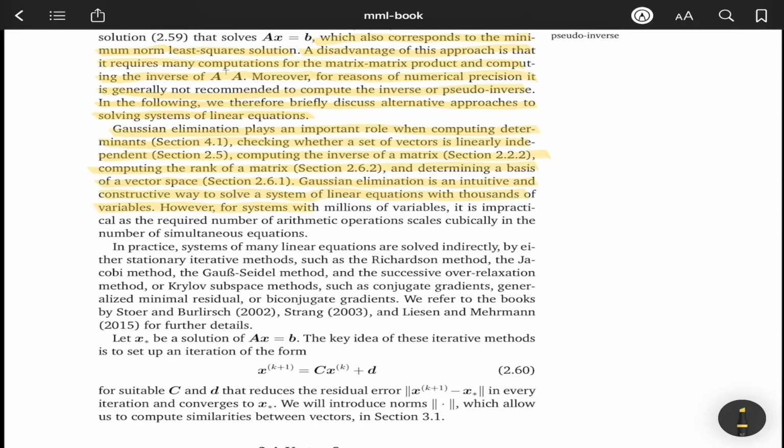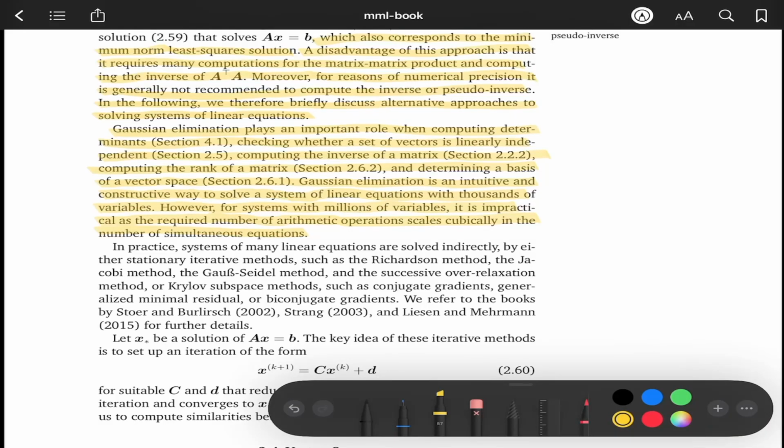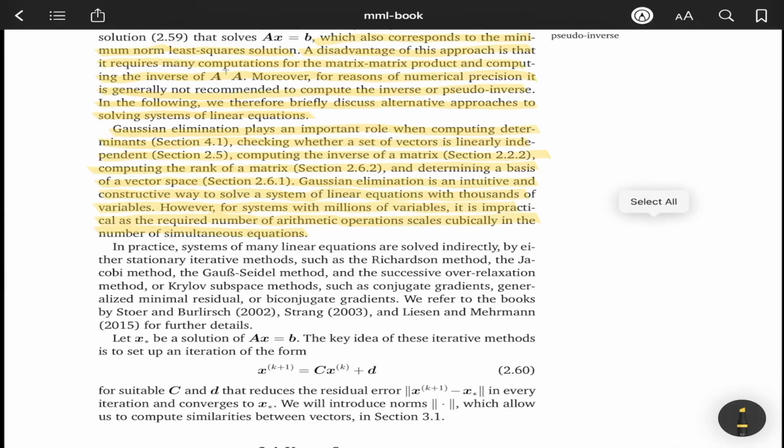However, for systems with millions of variables, it is impractical as the required number of arithmetic operations scales cubically with the number of simultaneous equations. Okay, so it's impractical once your matrix is too big, because the number of operations just gets too large too fast.